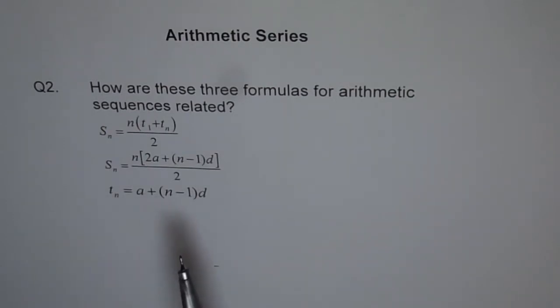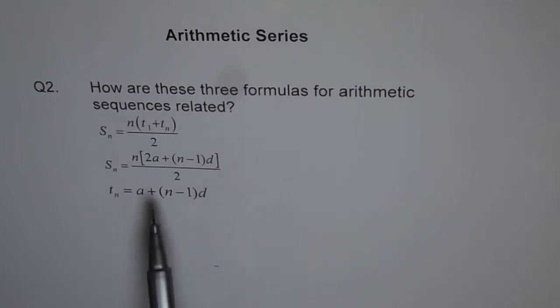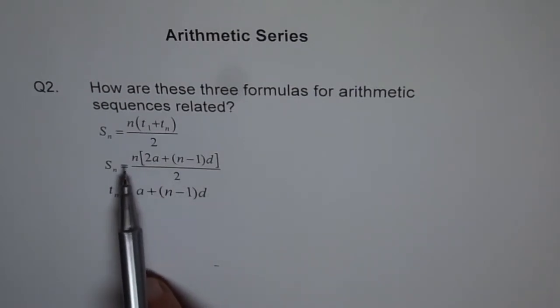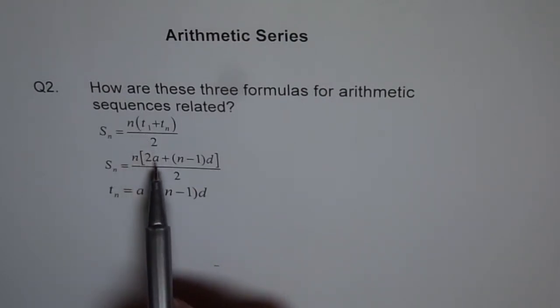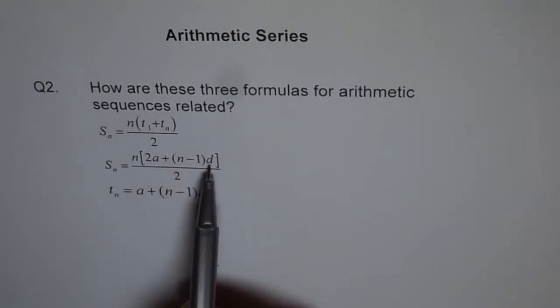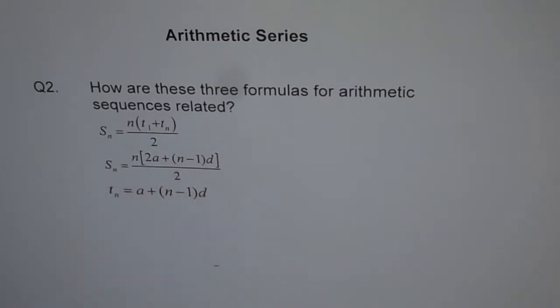Now, when I was explaining arithmetic sequences, I explained something about a part of this formula. A is our first term, right? T1 and A are the same thing. N is the number of terms and D is the common difference. Let us recall, in any arithmetic sequence, successive terms have a common difference, and that is constant. Only then is that sequence called an arithmetic sequence, right?